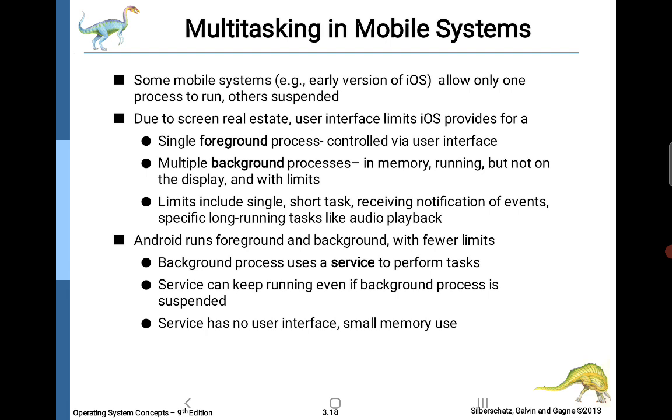The level of multitasking in iOS is rather poor.